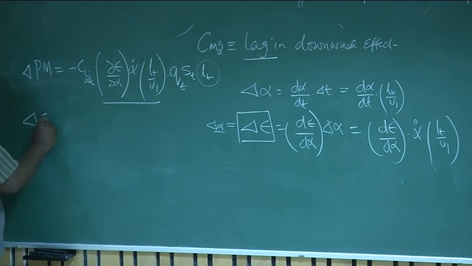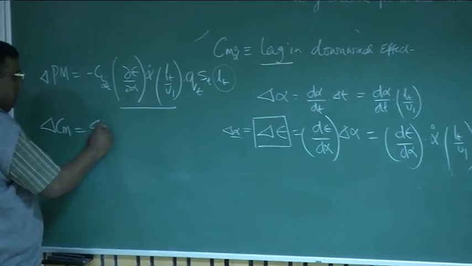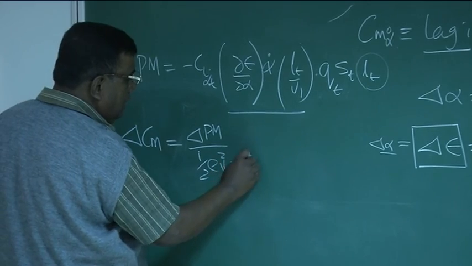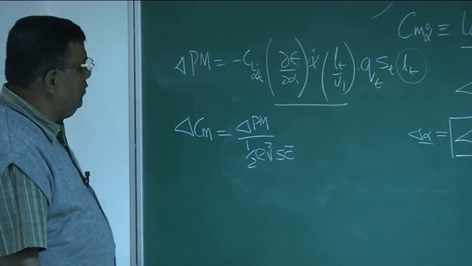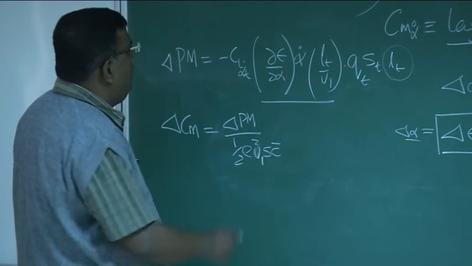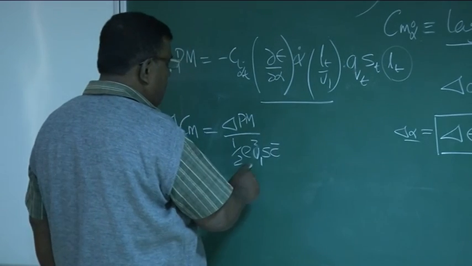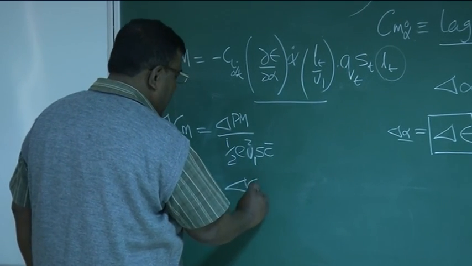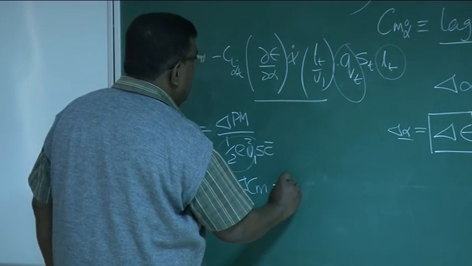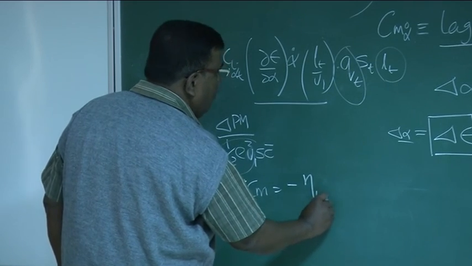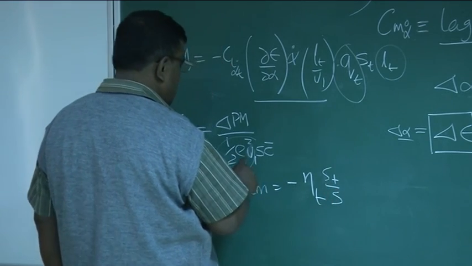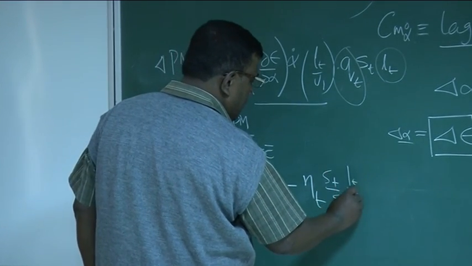So delta Cm will be what? Delta Cm will be delta pitching moment divided by half rho v square S c bar. In this case, v is nothing but u1. So now if I do that, what will happen? This q tail and half rho u1 square. So delta Cm, if I write, this divided by this term will become eta t. So minus sign is there, eta t, and then S t by S, and then Lt by c bar.